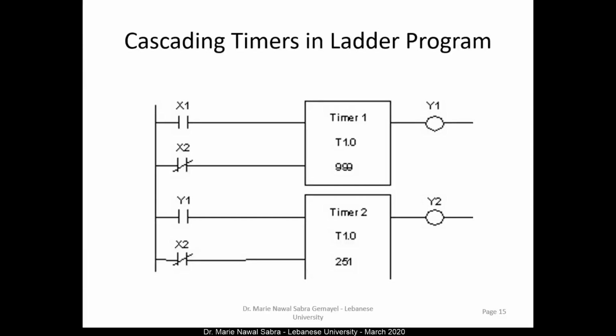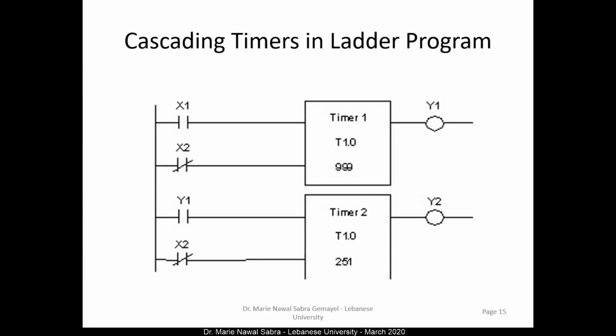Cascading timers is important whenever I want to either accumulate two timers with different time bases, or I want to make a time delay that is larger than the timer permits. The timer is limited to a maximum of 16 bits in its preset value, and this means that we can go up to 2 to the power 16 times the time base.